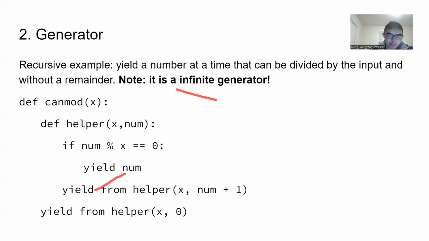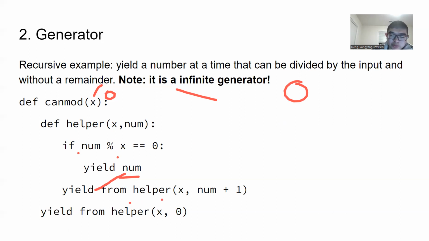So suppose I start with 0, and I take in 10. Every time I get into this generator, I have helper x number and yield from. I check the if statement: 0 mod 10 is 0, so I will yield number 0, and then I will hit the next one.